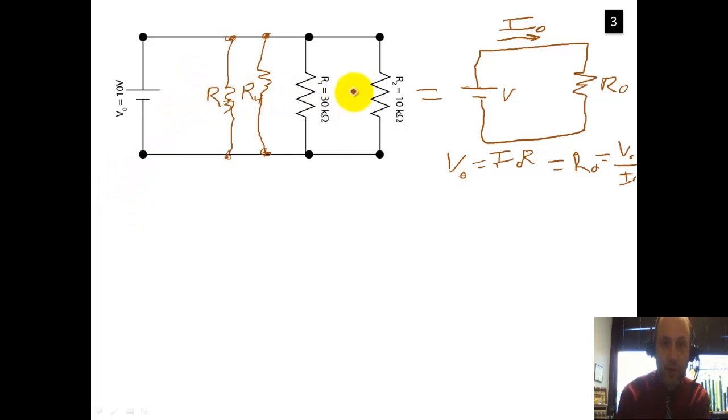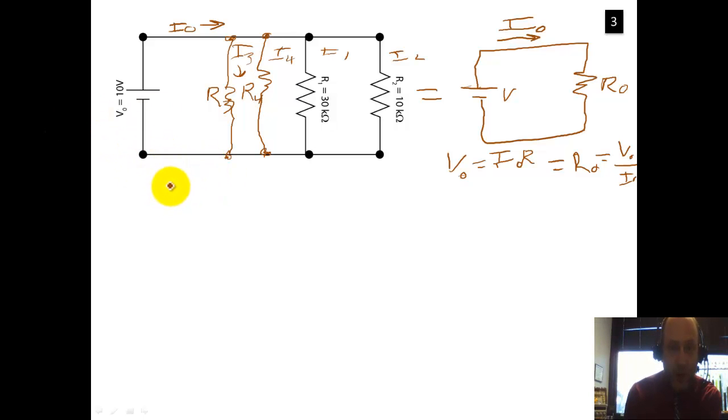We know the voltage drop across these all has to be the same because they're in parallel. So we can calculate the current across all those, and when we sum them up, they've all got to equal I naught. So I3, I4, I1, I2, all those added up have got to equal I naught.